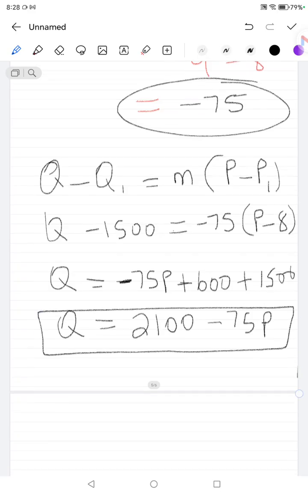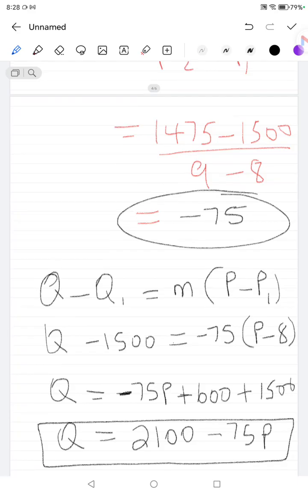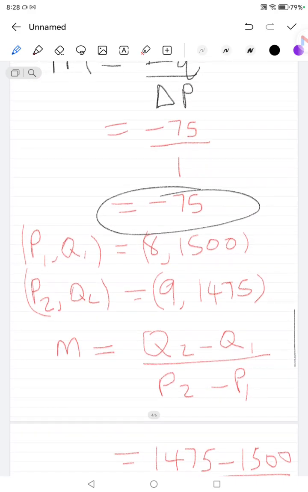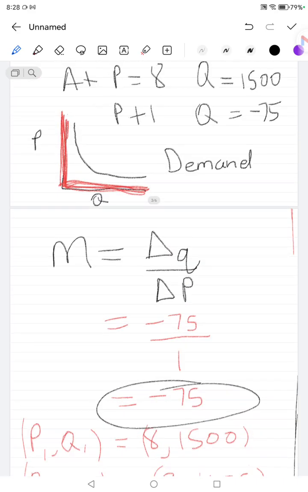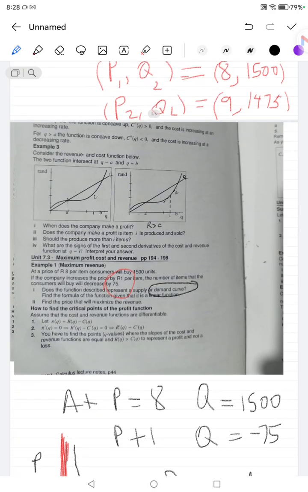Now, what was the question saying? We found the linear function, then they're saying find the price that will maximize the revenue.